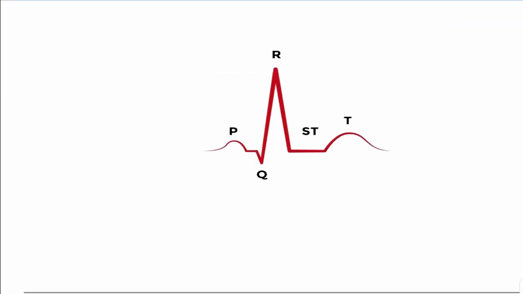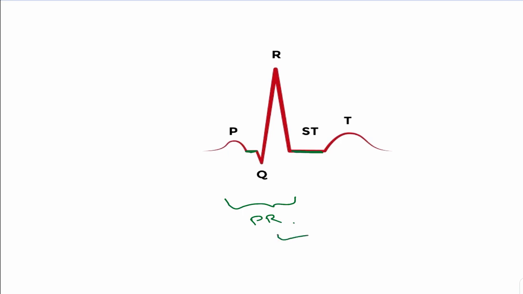Another very important thing which you have to understand. I'll show you another picture just to explain the intervals. Forget about segments, segments are understood. Two segments: one segment is this and the second segment is this. But more importantly, to understand the intervals: this is a PR interval, and this is the QT interval.